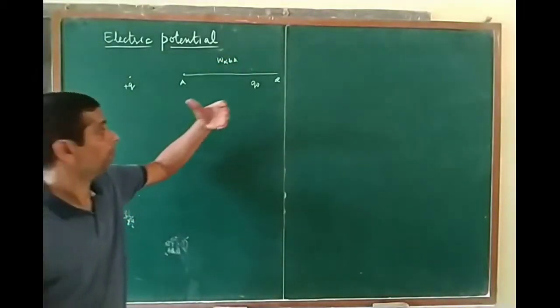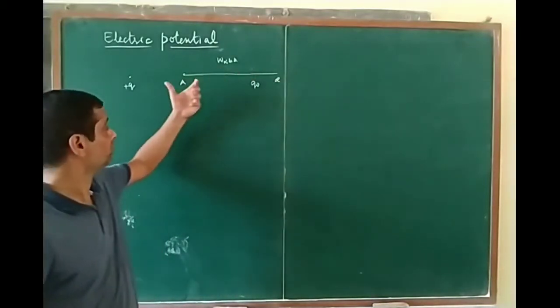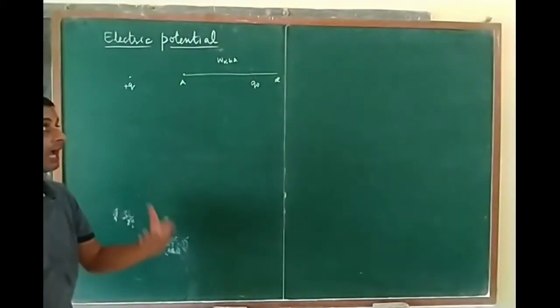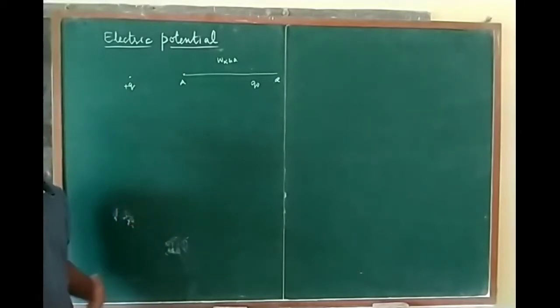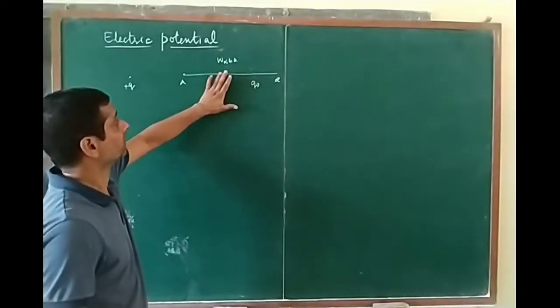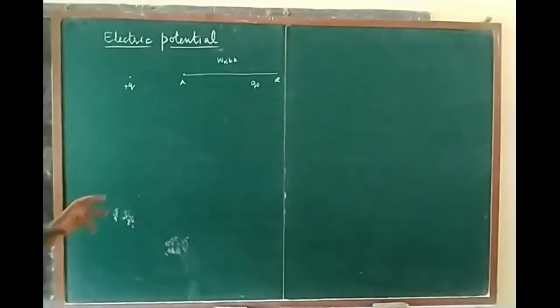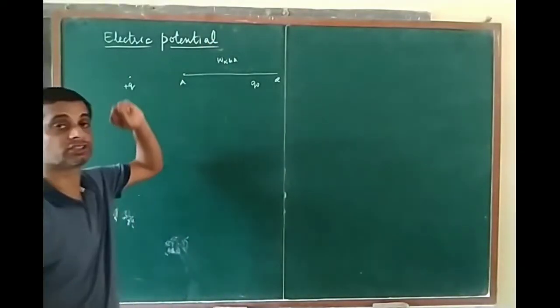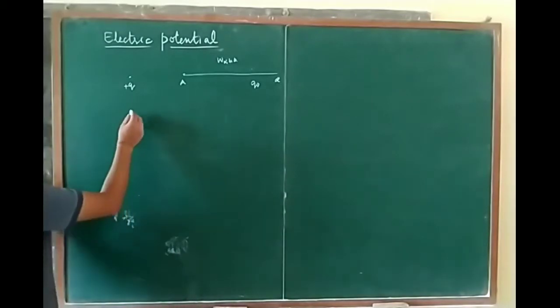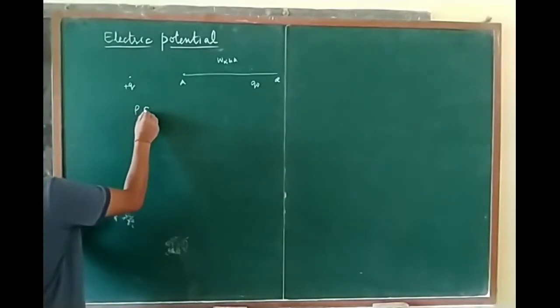If I bring this charge from infinity to A in such a way that at every location it is moving with zero acceleration, then this whole amount of work is stored in the form of potential energy, or electric potential energy.